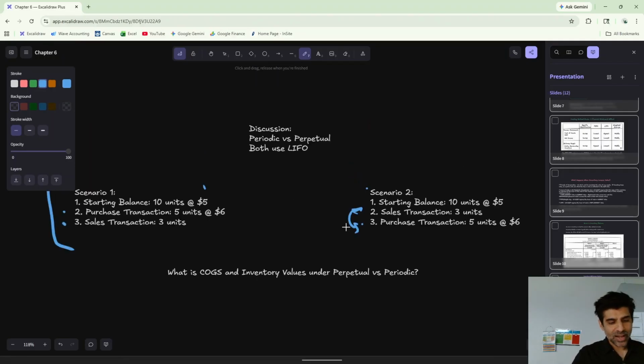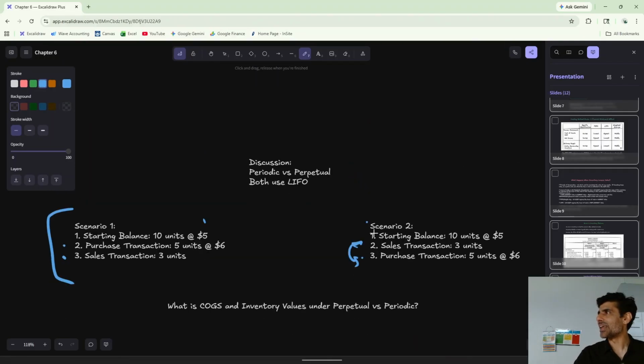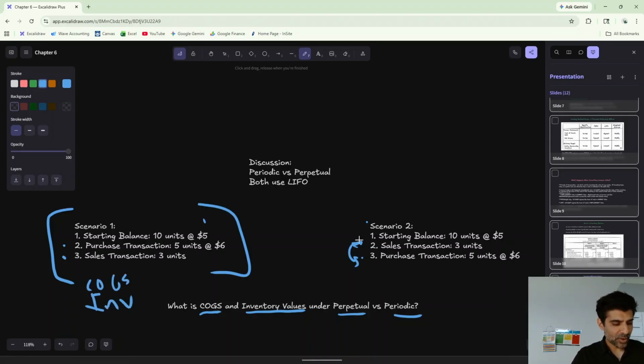Under perpetual, okay, so actually, do the calculation. This is my intention here. Your job is to calculate what is the cost of goods sold and the inventory values in each scenario for perpetual and periodic. So under this, you're going to have some cost of goods sold and inventory for the perpetual versus periodic, and then the same thing here.